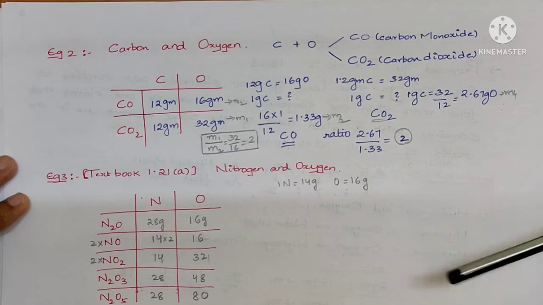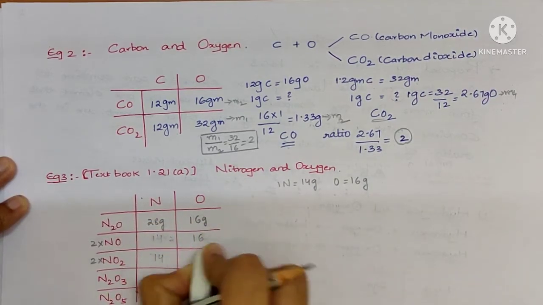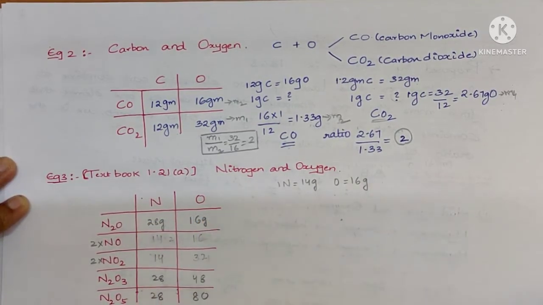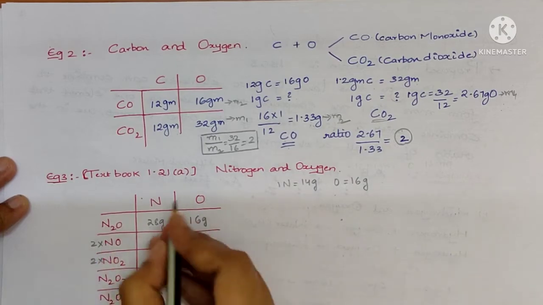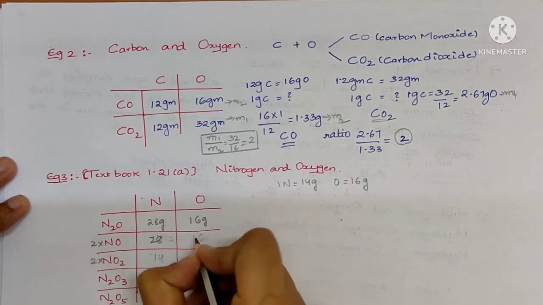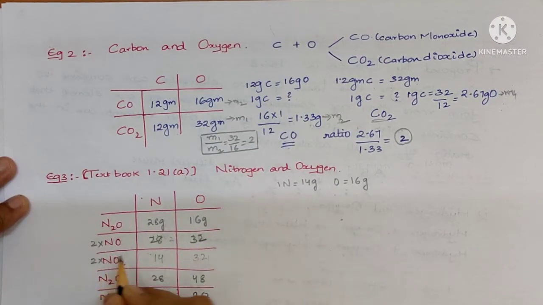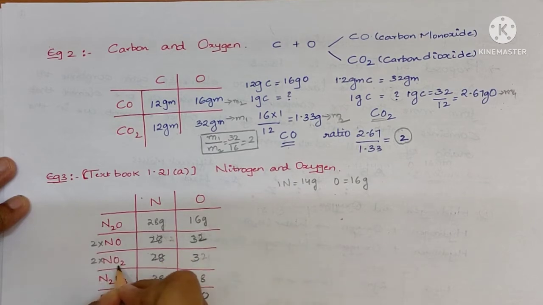So finally, we'll get masses as 2 into N, 2 into 14, 28. Okay, 2 into O, that is 32 grams. And here 2 into N, so 2 into 14, 28 grams. 2 into O2, right? So we'll get 2 into 32, that is 64 grams.